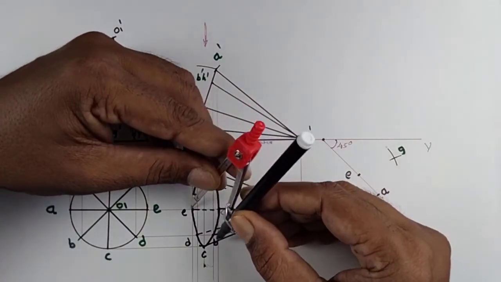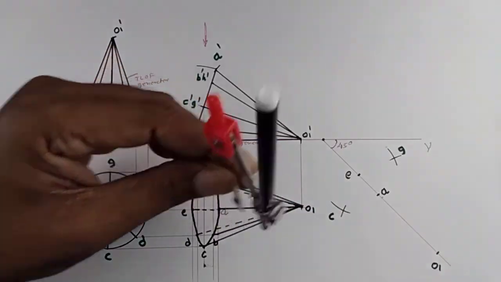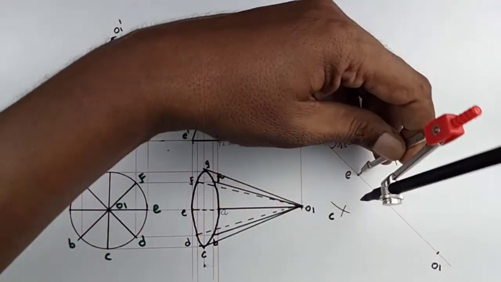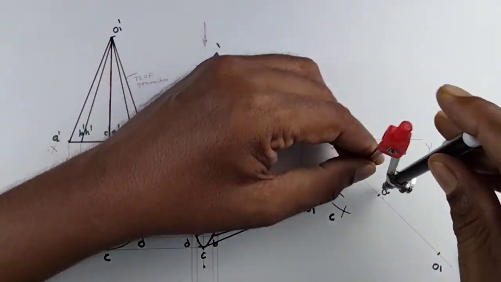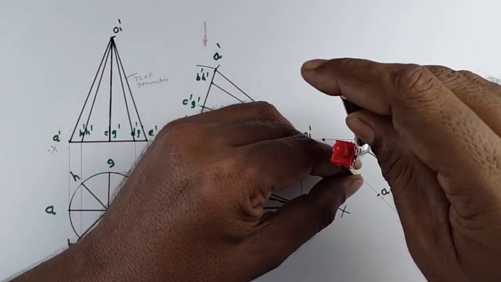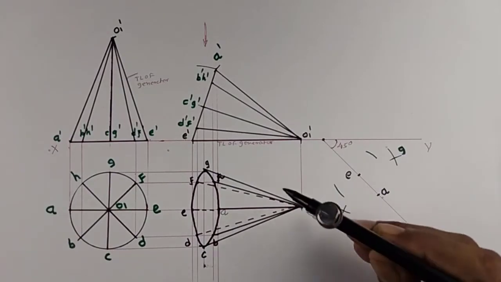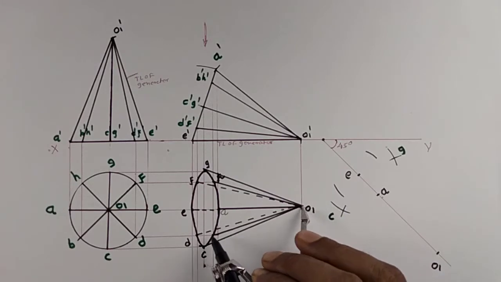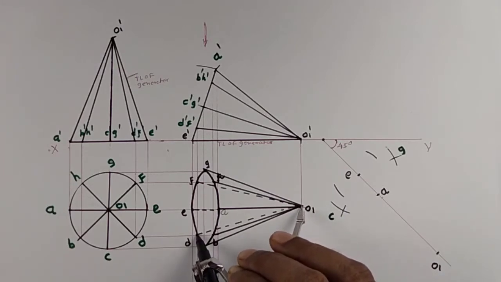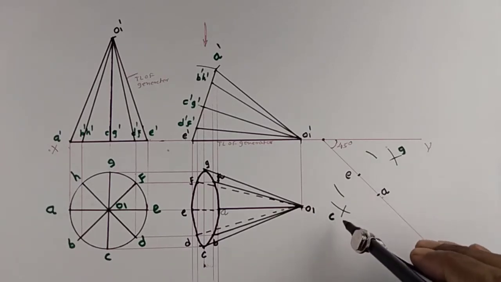Now similarly we can get the D and F. So first I take the E to D, E center, one arc here, similarly one more arc on this side. I choose the radius O1 to D point, O1 is center.